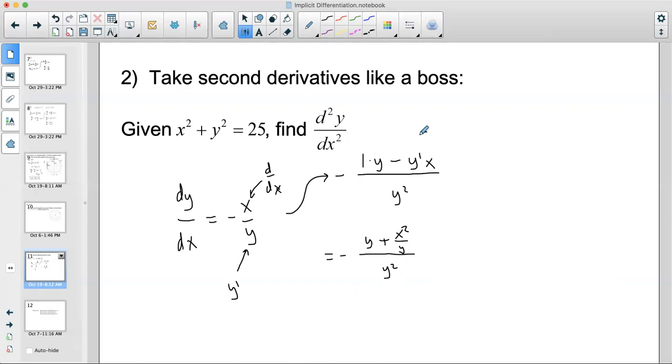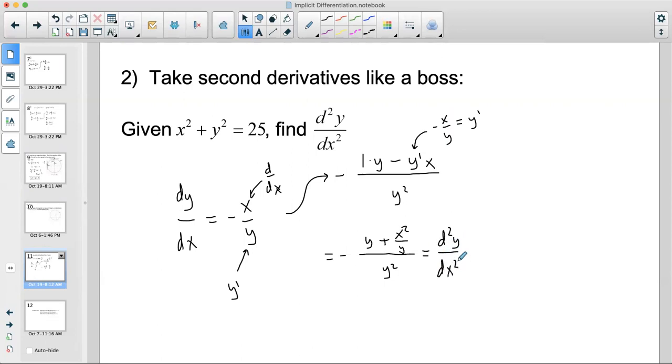All I did was replace y prime with negative x over y. The two negatives cancel out and made it positive. And so this is now my second derivative, d squared y on dx squared.